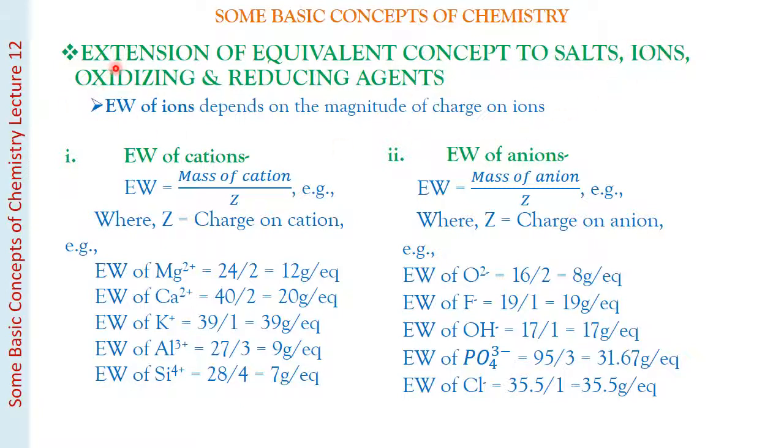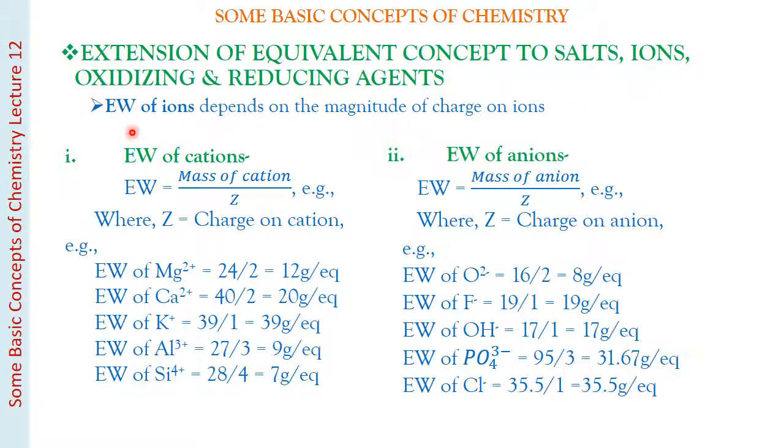The oxidizing and the reducing agents is what we will discuss when we do the course on the redox reactions. This I am not going to touch in this course. I am doing the salt and ion part because this is similar to the mole concept, and this is going to be really helpful to solve your stoichiometric questions.